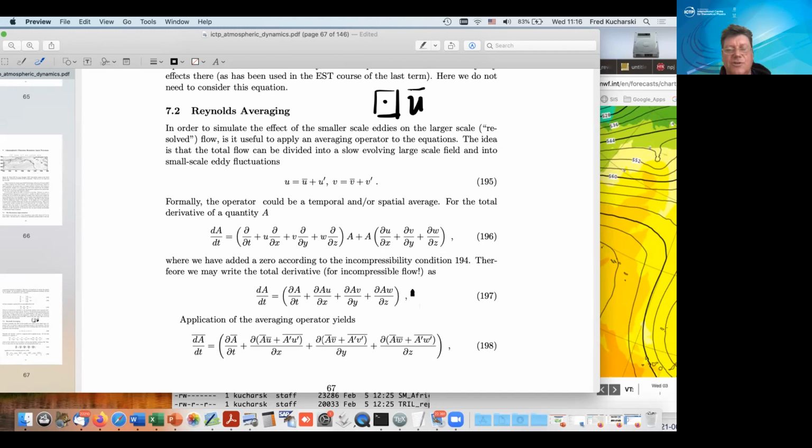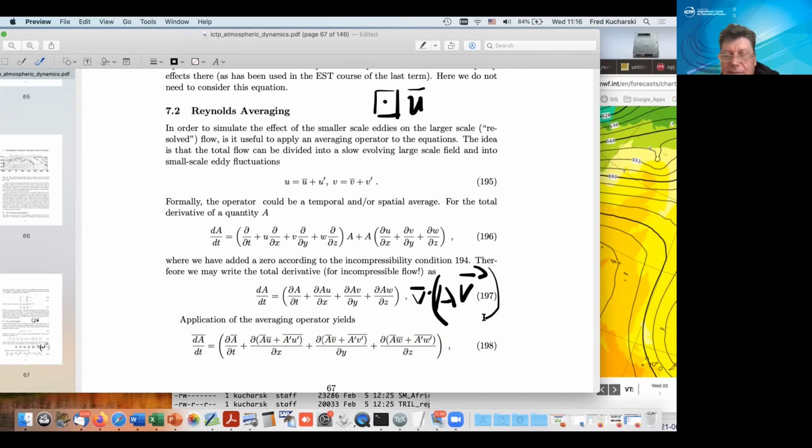So we could write this also as nabla, scalar product, then A times the three-dimensional velocity in this case. Therefore, this is called the convergence of our fluxes.